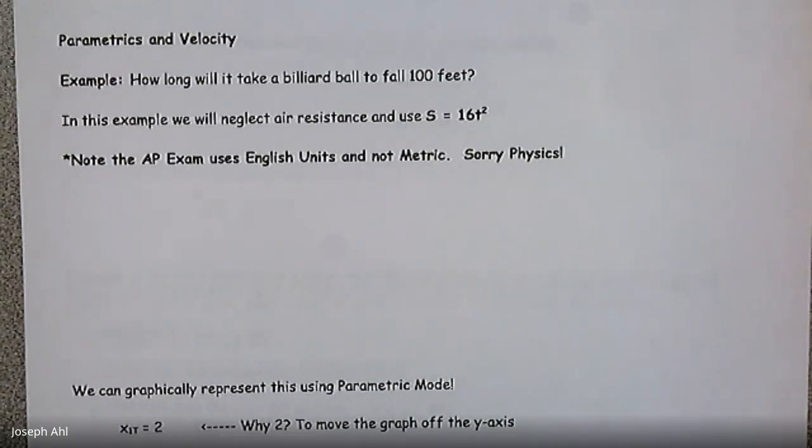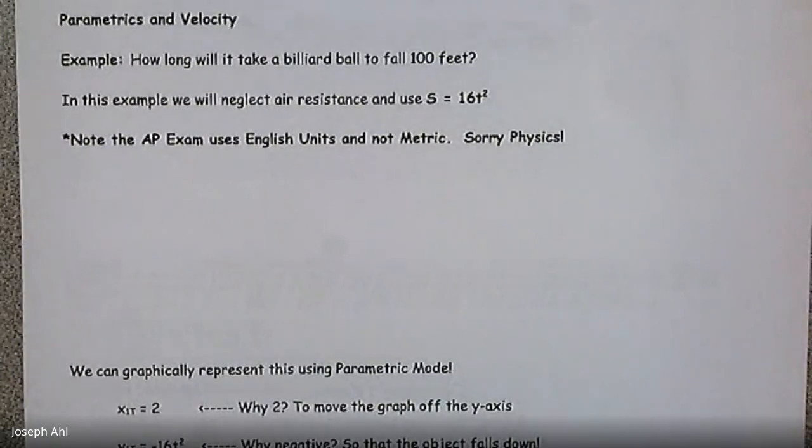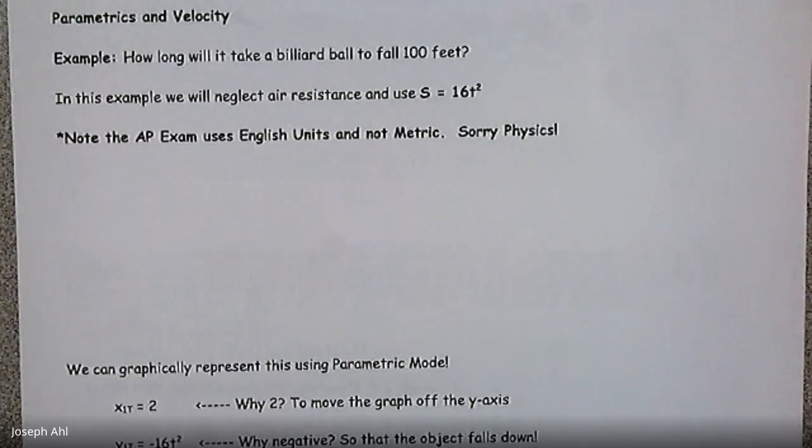A couple of quick things we have to reference first: we're going to neglect air resistance, and we're going to use the model s equals 16t squared. This is because the AP exam uses English units. So I apologize to all my physicists out there who are like, no, Mr. All, we want 9.8 for meters. But we are going to use the function s equals 16t squared.